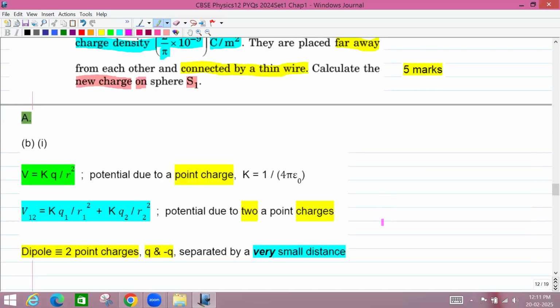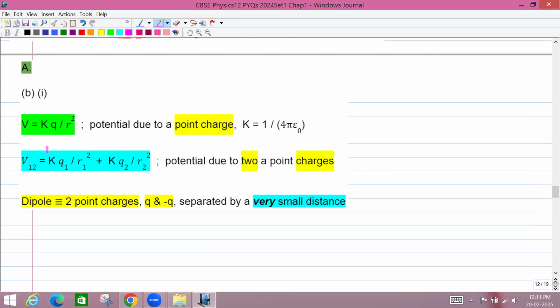So for the first part of the question, you should know how the potential is defined or derived. The formula for the potential due to a point charge is K Q by R, where K is 1 by 4 pi epsilon naught. This is for a point charge. Suppose there are two charges Q1 and Q2. Potential at point P, which is at distance R1 from Q1 and R2 from Q2, is given by the superposition principle.